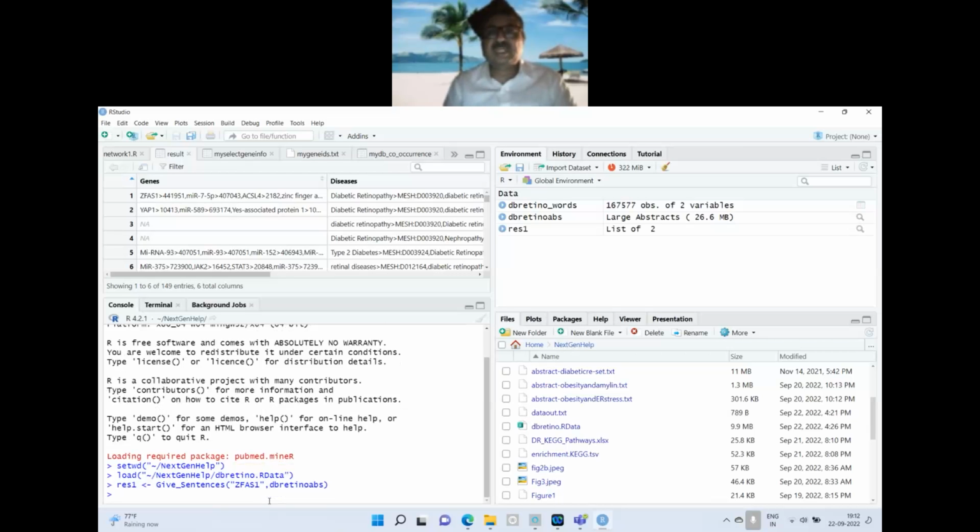So we can see here that it has created an object, a list of 2. That means it is a list object and there are 2 elements in this list. Let's see each element individually.